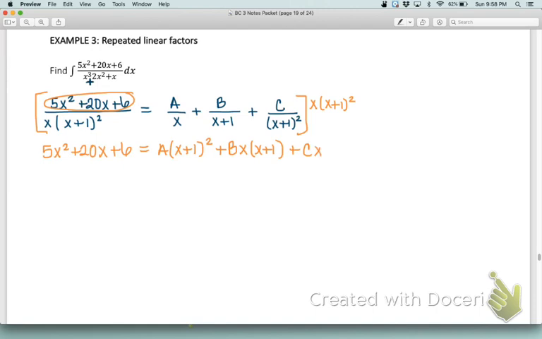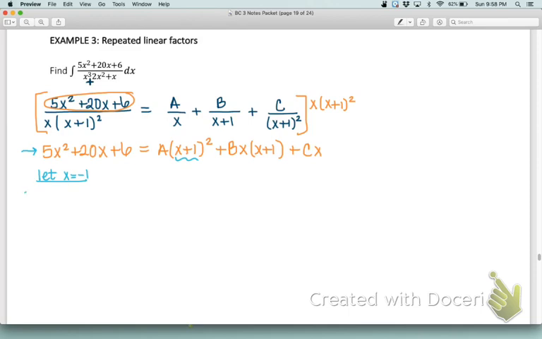So now again, we are going to choose convenient values for x, anything that is going to work out nicely for us. So I'm going to let x equal -1 to start, because that's going to take care of any of these factors that have an x plus 1 in them. So if x is equal to -1, now here's what we can't forget, is that we have x's on this side now, which we didn't before.